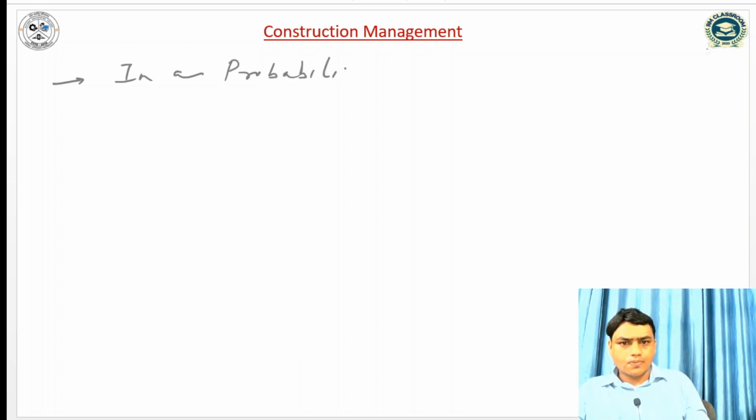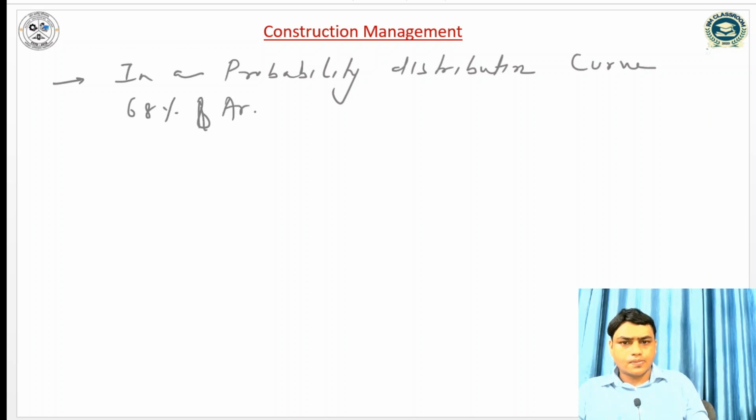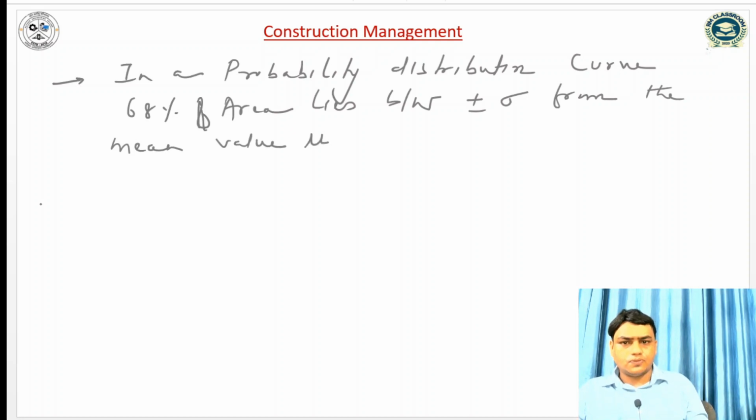So in a probability distribution curve, 68% area lies between plus minus sigma from the mean value mu.